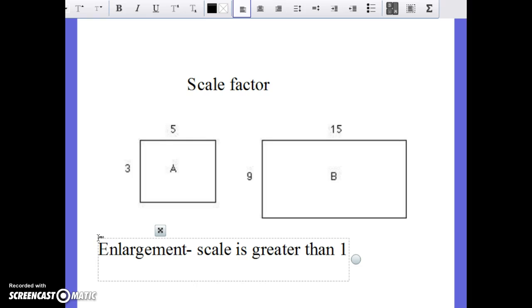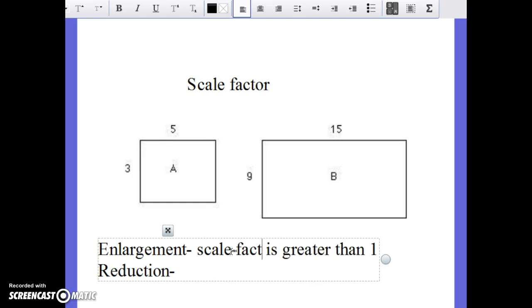But let's say we want to do a reduction. So we're going to go from rectangle B to rectangle A. So rectangle B is a reduction. Sorry, I didn't put scale factor when I said scale factor.